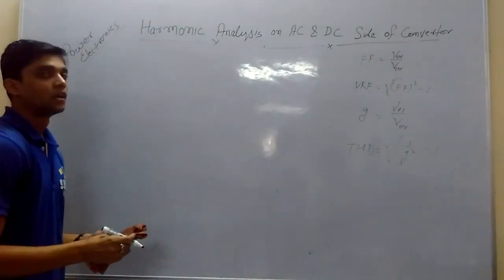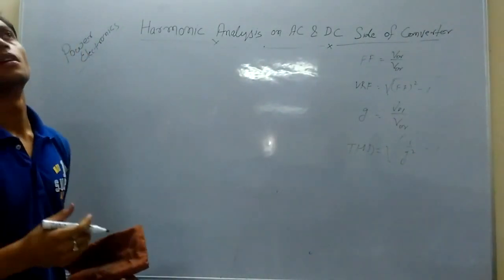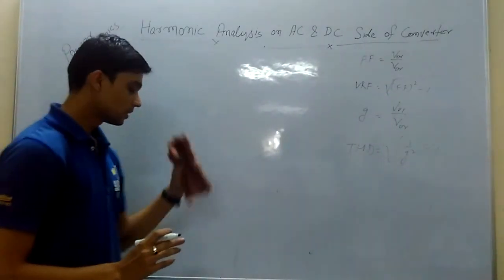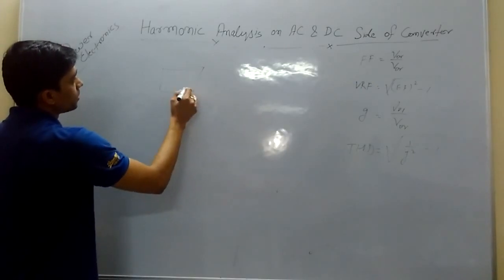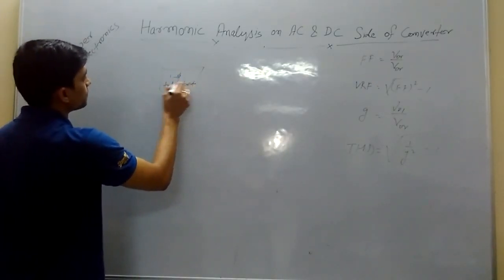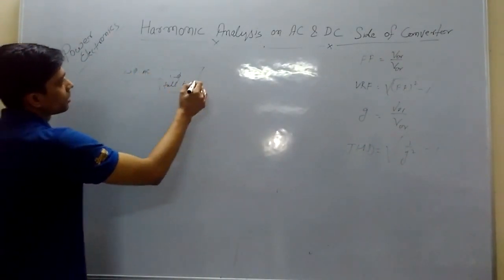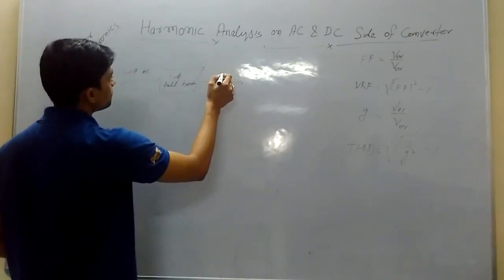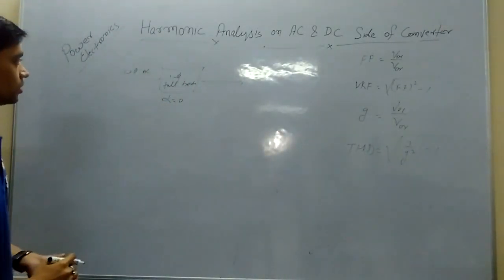So, in case of AC, we are giving single phase AC to a single phase full bridge rectifier, and you are getting output as, for example, I have taken here alpha equals 0 degree.